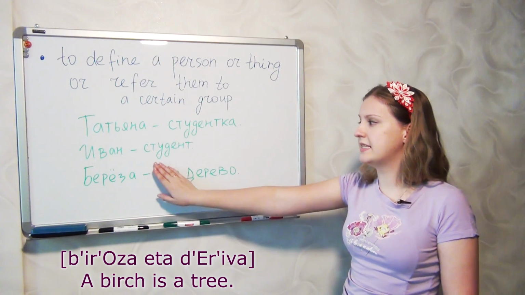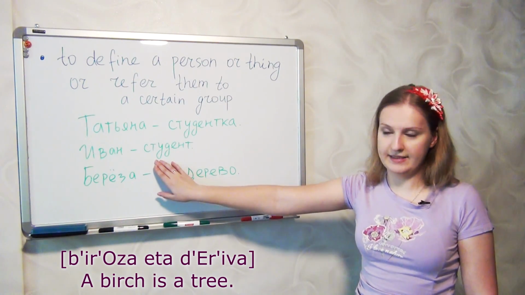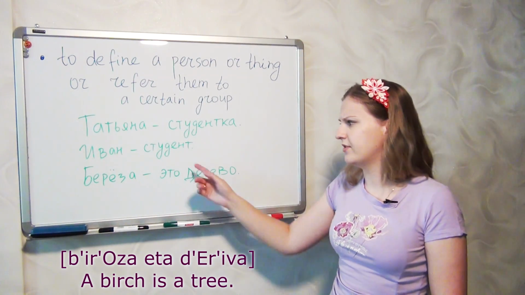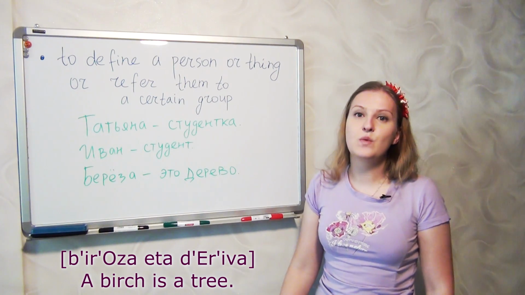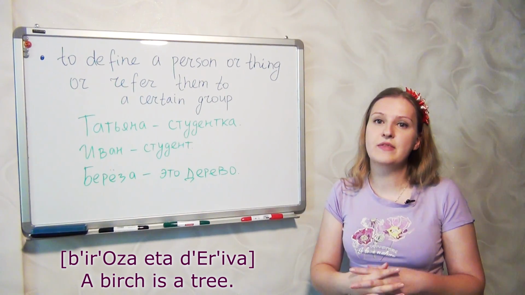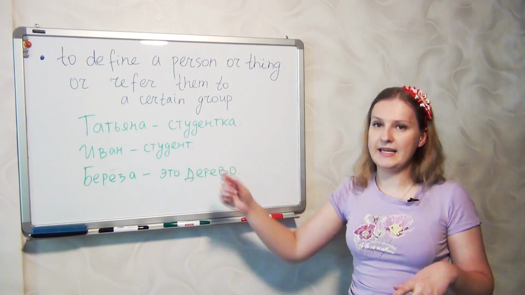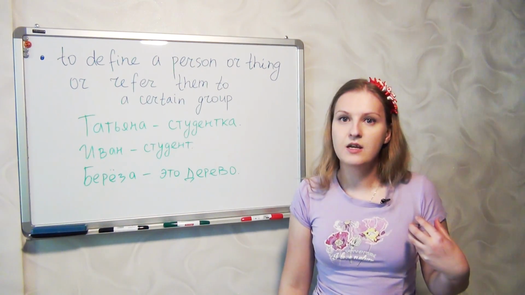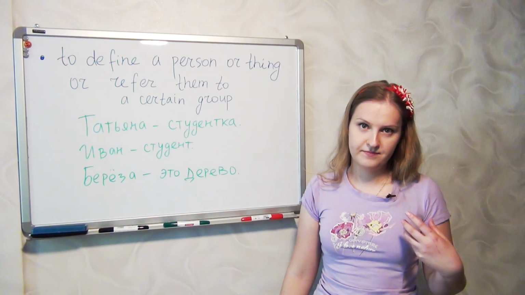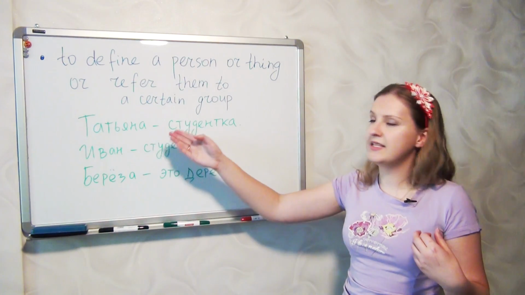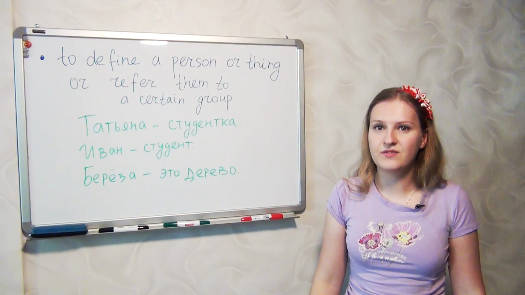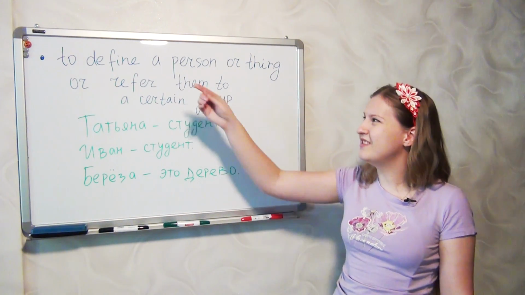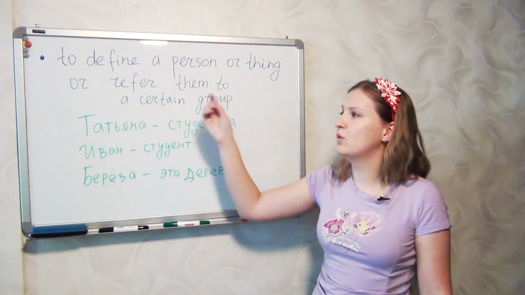By the way, here you can skip the word это, and simply say береза, дерево. But it's better to say это. So when you give definitions to different things, you use the word это. It's like the equivalent of using the verb to be when you define things. But Tatiana это студентка is not a very good way to say that, because here basically you are not defining a person or a thing.